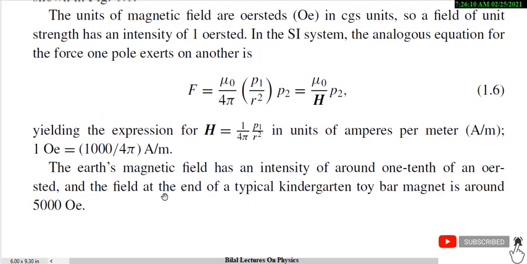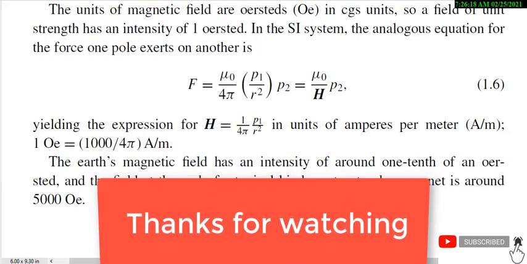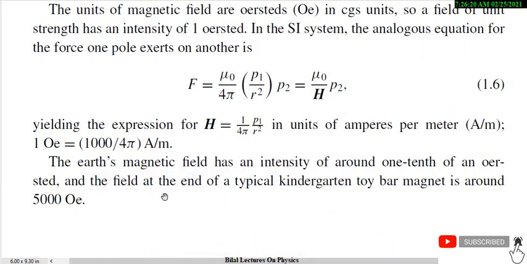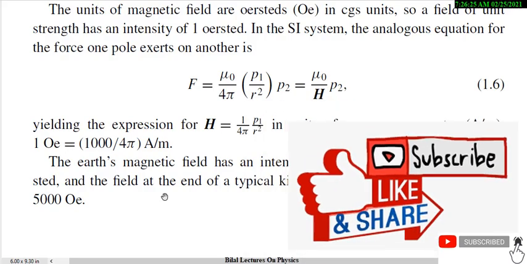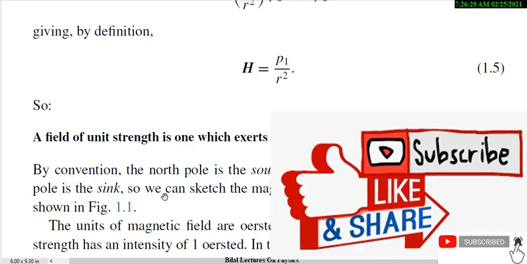So what is Oersted? This is basically a unit of magnetic field in CGS units. So this is a very basic discussion about magnetic field, magnetic field lines, magnetic poles, the Oersted, and something about magnetic field strength.